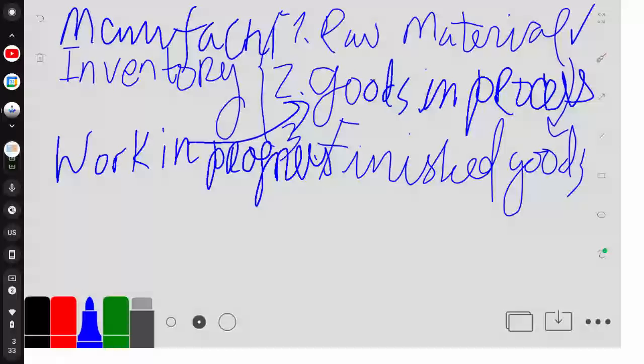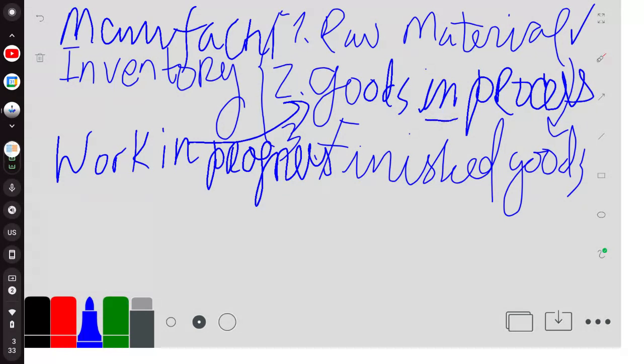I mean, if the company used $50,000 to buy raw material, then you have to keep track of that $50,000. Some of it went into goods in process, went into the production process. So some of it is now goods in process.